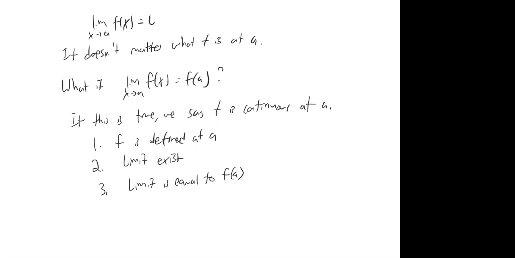Because you can have limits existing, but it's not f of a, right? It's something else. So continuity is a bit stronger. Everyone good? And then we say discontinuous just means not continuous.